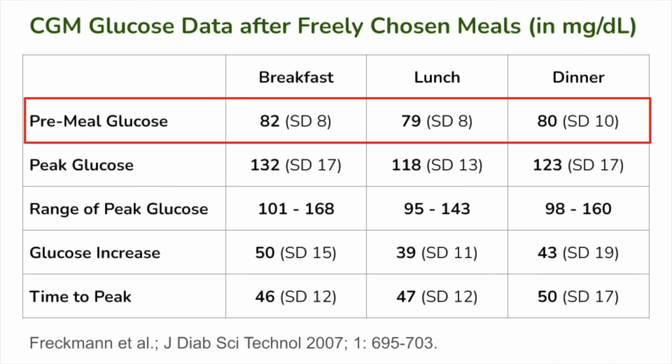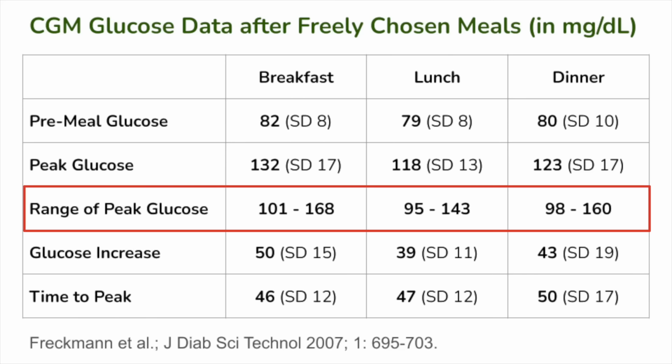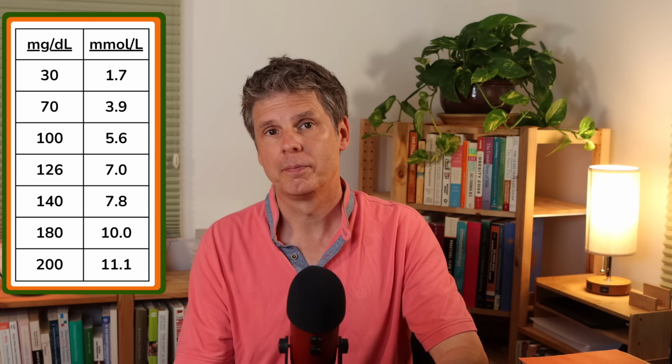Prior to each of the main meals, their blood sugar levels were around 80, 82 milligrams per deciliter, and the average increase was between 39 and 50 milligrams per deciliter. In some people less than that, but in others more than that. See here, some people had peak glucose around 160 milligrams per deciliter. Maybe they were not starting at 80 milligrams per deciliter, but around 95, but that still means they had an increase in glucose in response to the meal well in excess of 60 milligrams per deciliter.